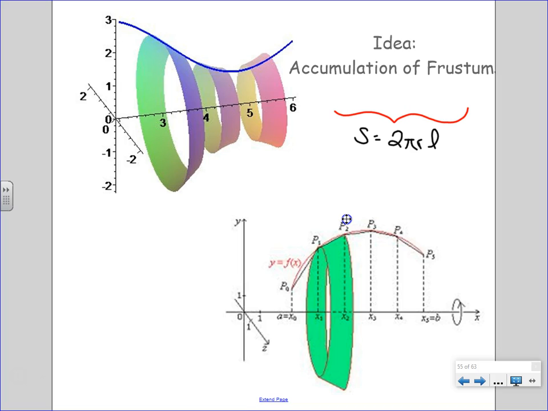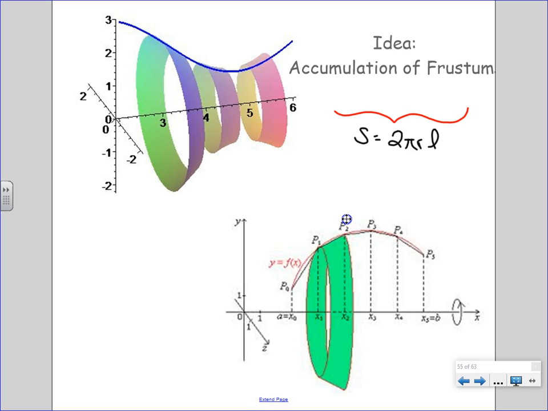And why does that make sense if we put together the idea of a trapezoid and a frustum? They both have 2 different heights. With the frustum, we talked about 2 different radii, because that's ultimately what we're talking about with the surface of revolution. However, like a trapezoid, it has 2 different heights. Like a trapezoid, it's going to be a lot closer to the curve, but it's still not going to be exact. It's still not going to be perfect.